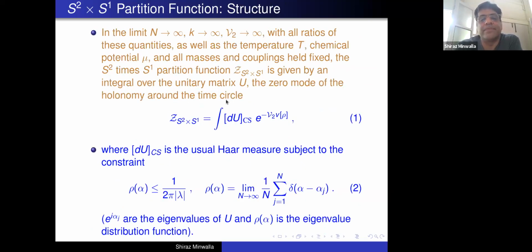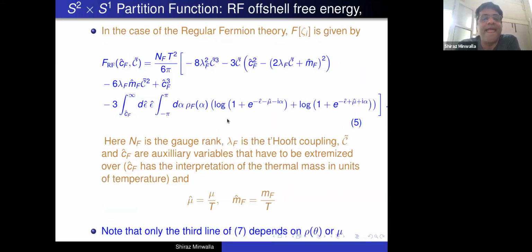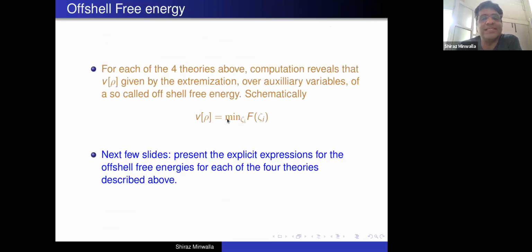Okay, so for each of the four classes of theories above, computation reveals that this quantity here, the quantity that appears as the integrand in this matrix integral, the best way to present that integrand is sort of roundabout. And the roundabout way is as follows. Instead of just telling you about a function of u, it's better to tell you a function of a few extra parameters, zeta, I and e.